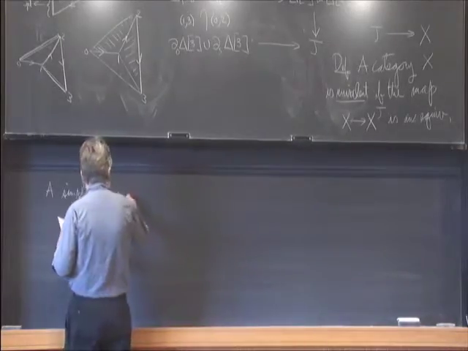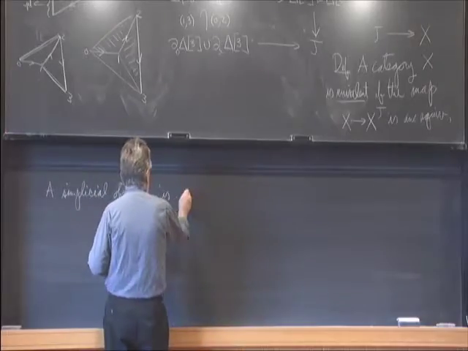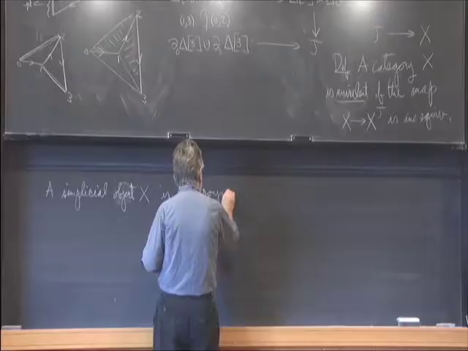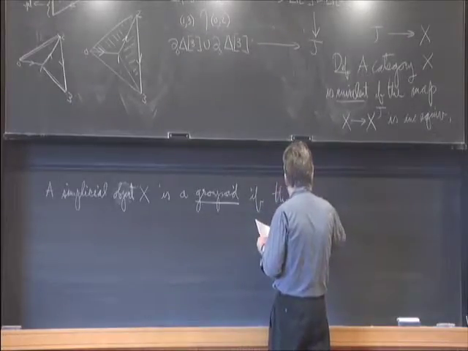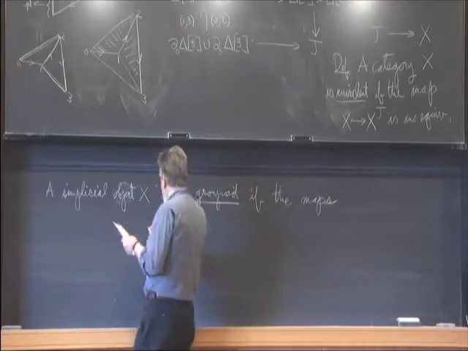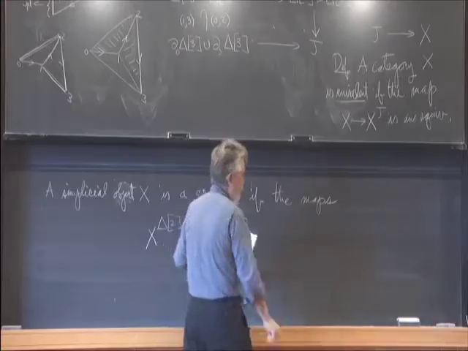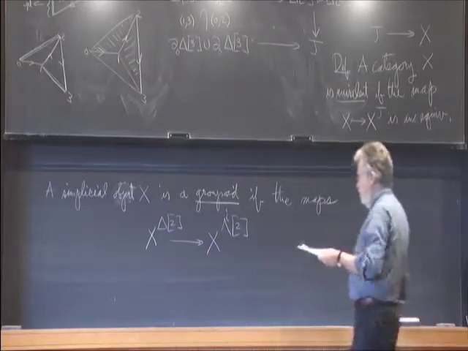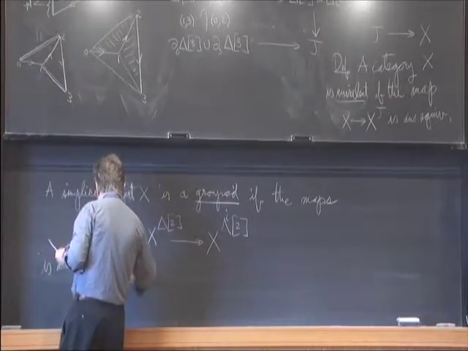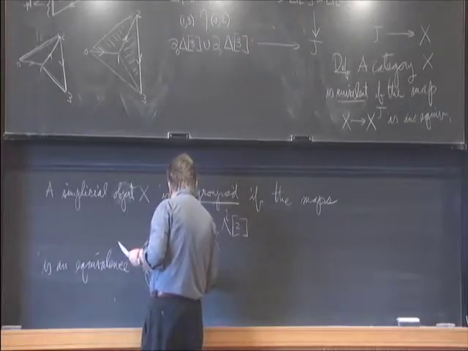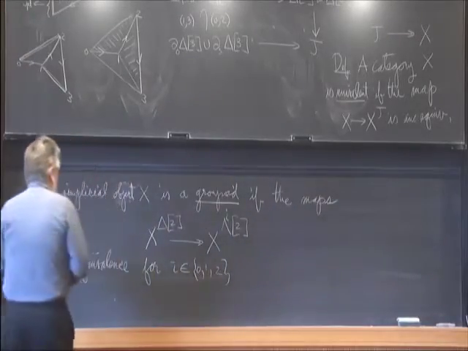Okay, let me define. A simplicial object X is a groupoid if the maps from X to X to the delta 2, so you don't have to pick i equal to 1 as in this case, but it's also true for the inclusion of lambda i 2 into 0, 1, 2, are equivalences.